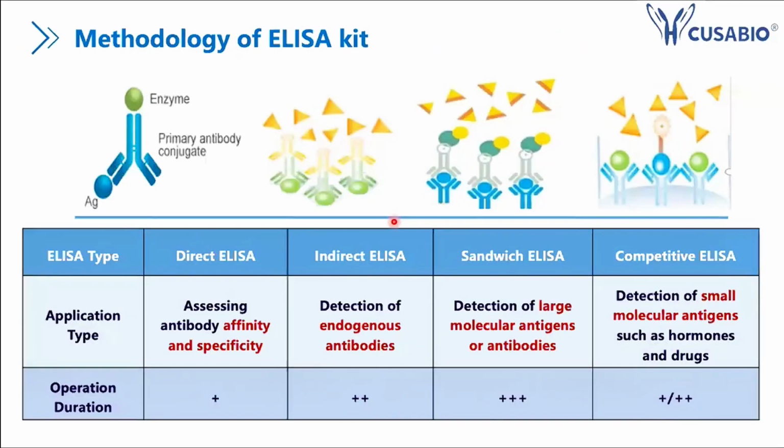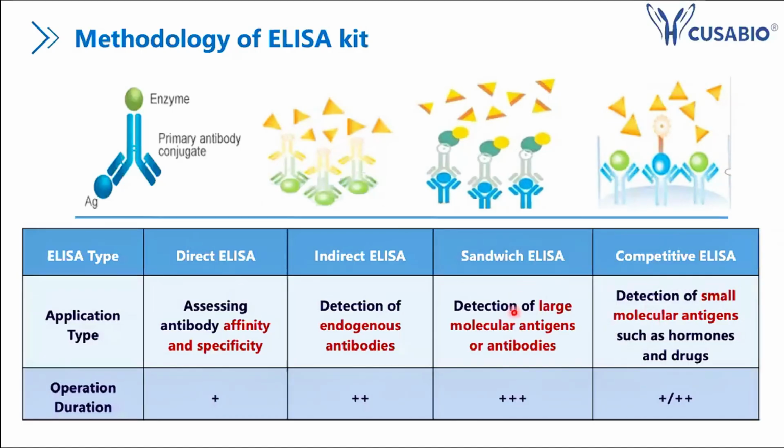The third criteria for selection is the methodology of the ELISA kit. We all know that there are different types of ELISA, and different types can be applied in different applications. Here I list four different types of ELISA: direct ELISA, indirect ELISA, sandwich, and competitive. For example, the application of sandwich ELISA is different from competitive ELISA.